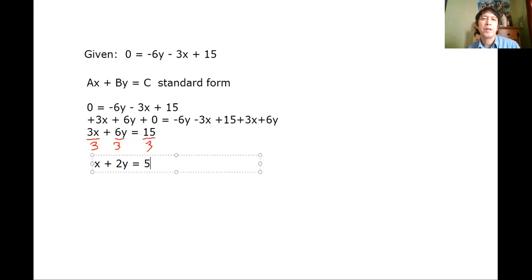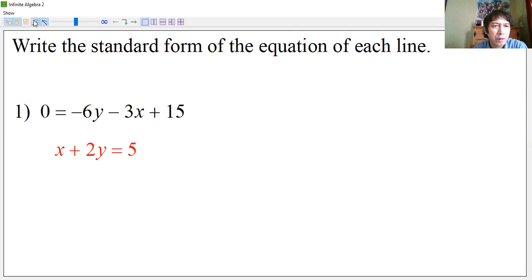So this is now the standard form. The standard form, x plus 2y equals 5, and we shall be able to verify that in the other screen. X plus 2y equals 5 is the answer.